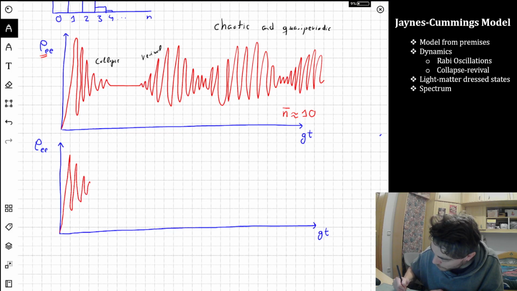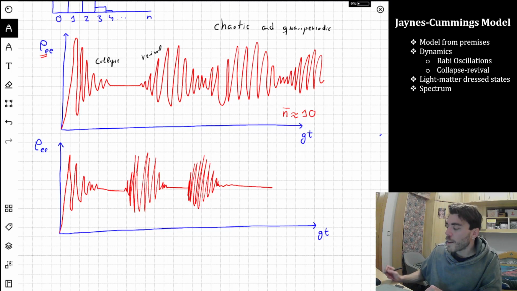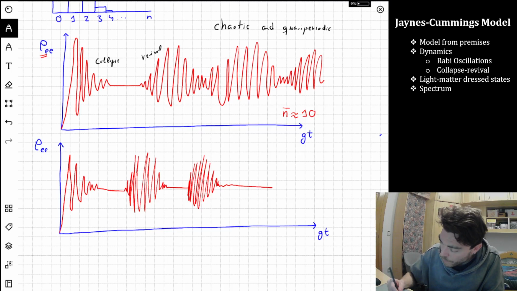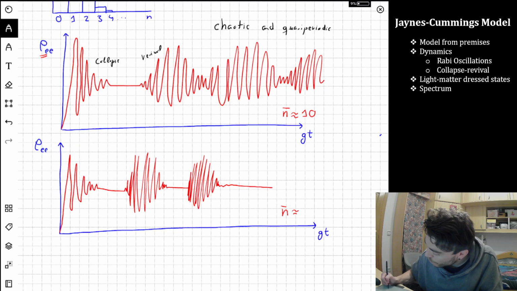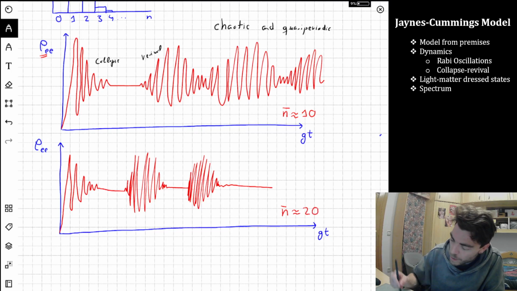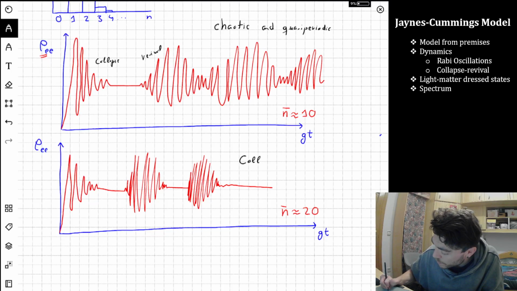They do like this, then they go away, then they come back, and then they go away, etc. Here I had an n of the order of 20, let's say, and this effect is simply called the collapse and revival of the atomic population.